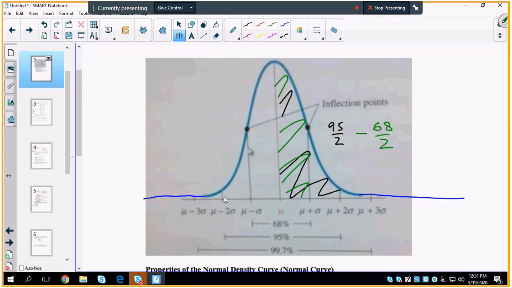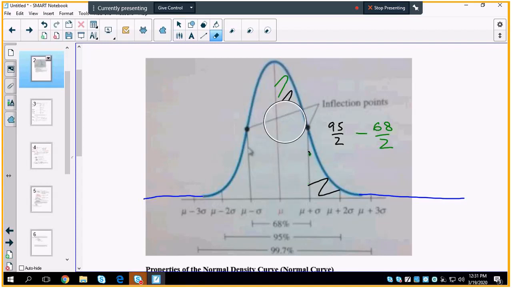If I subtract this green portion from the black shaded portion, then what is left? Don't I have exactly what I need between mu plus sigma and mu plus 2 sigma? And you have your answer right there.